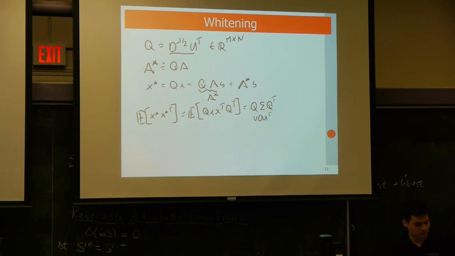So if you plug Q here, then what you get is: that's Q, we have U, D, U transposed, and we have Q transposed.